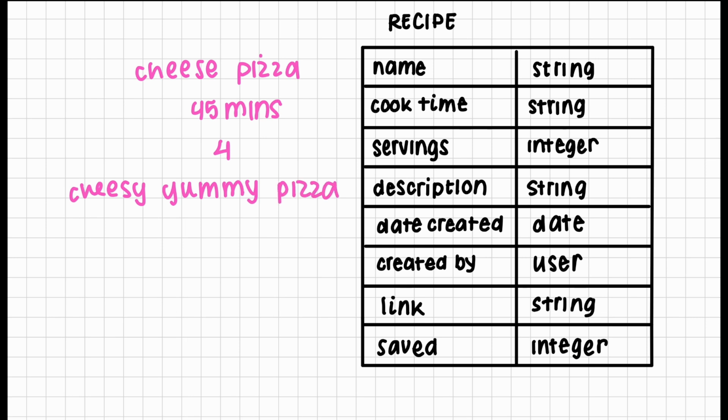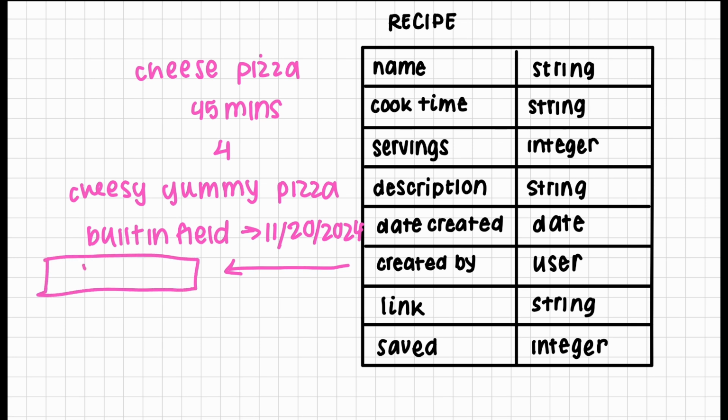A date created, which let's just say 11/20/2024. Created by, this is a user object, so it's not just a name, it's actually a link to the user object. If I created this, it's a link to Aanya.